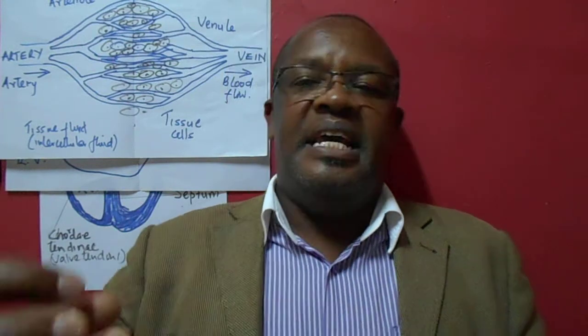This cavity is known as the haemocoel. So the blood is pumped by the tubular heart, and it gets into the haemocoel, where it is in direct contact with the internal organs of the insect. So there is no need for an elaborate transport system in the insect because of that.